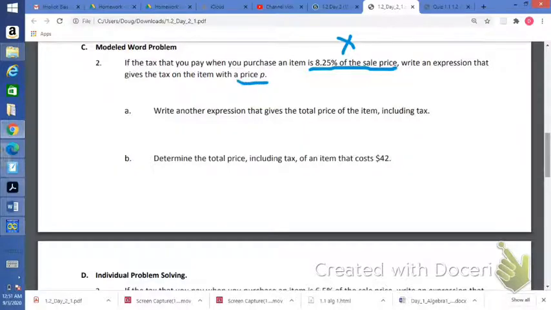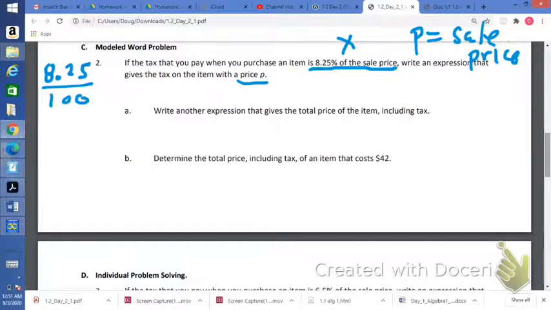It tells us that our variable, let's define our variable. So P equals the sale price, and then the 8.25%. So the percent means to divide the 8.25 by 100. So if you want to put that in your calculator, 8.25 divided by 100, you get 0.0825.